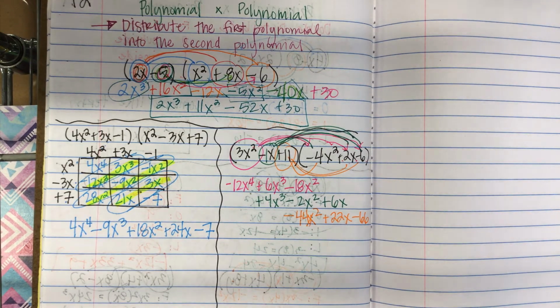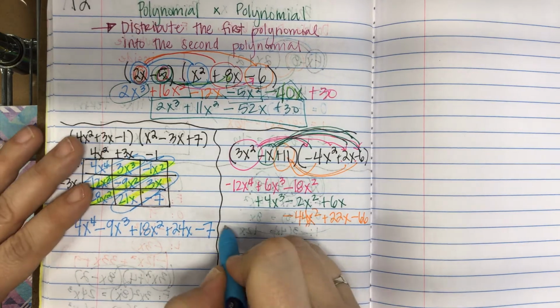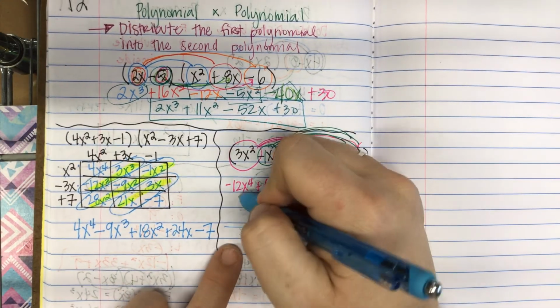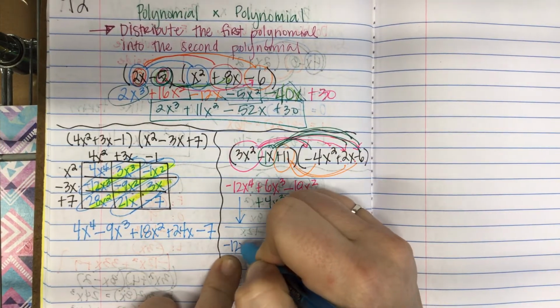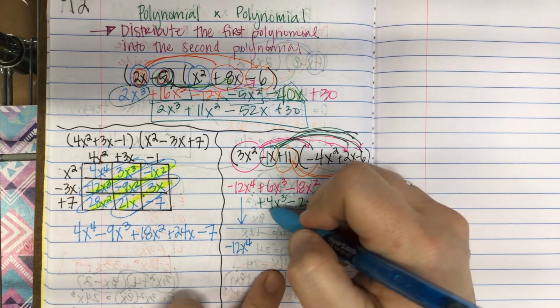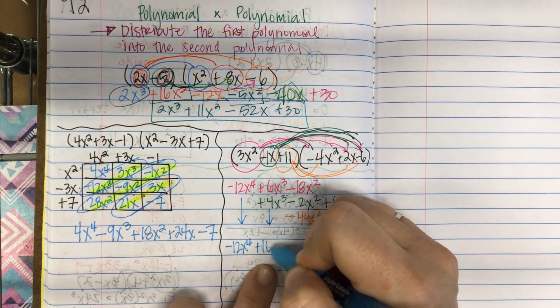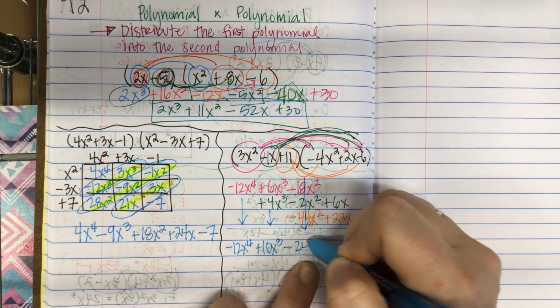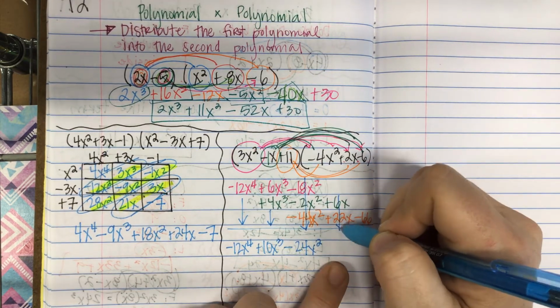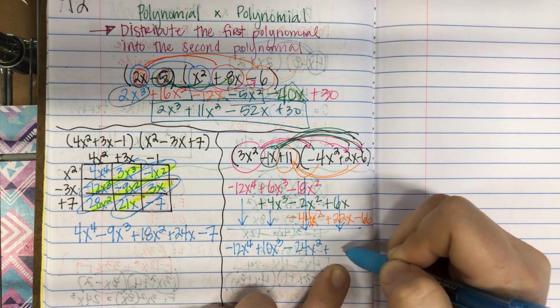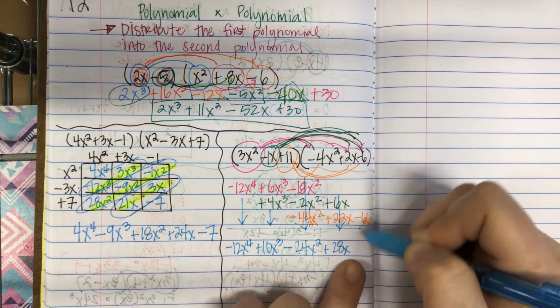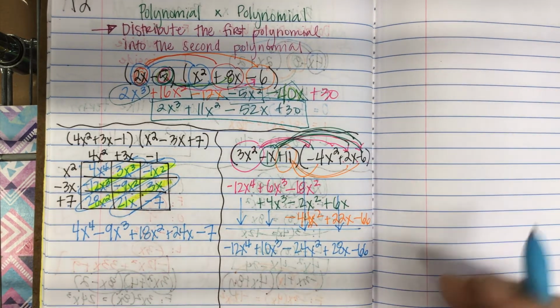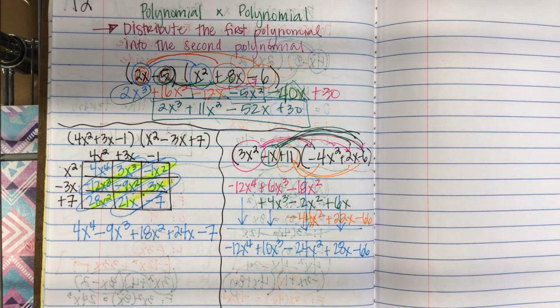I know you got 2, 1, 0, 4, 3, 2. But it's still vertical. Negative 12x to the 4th plus 10x to the 3rd minus 24x squared plus 28x minus 66. Right? Divided by 2.